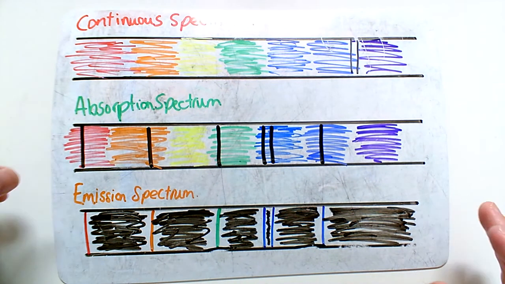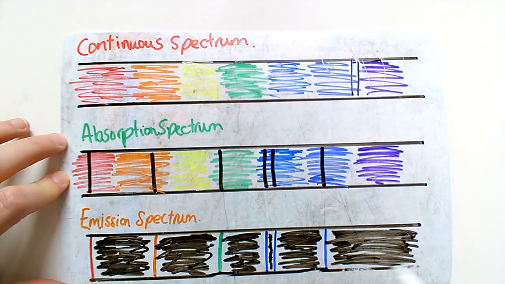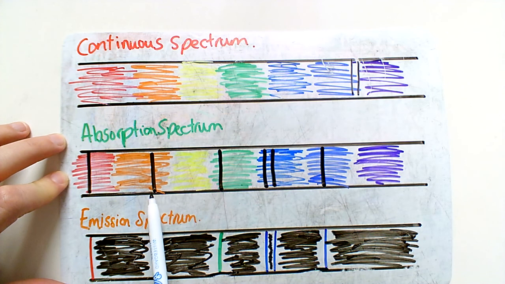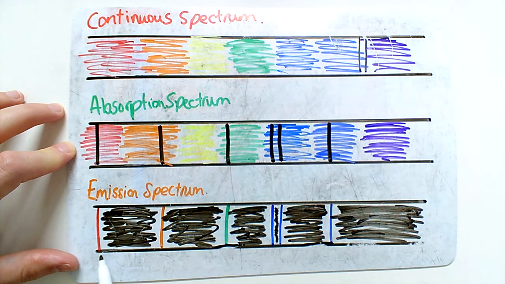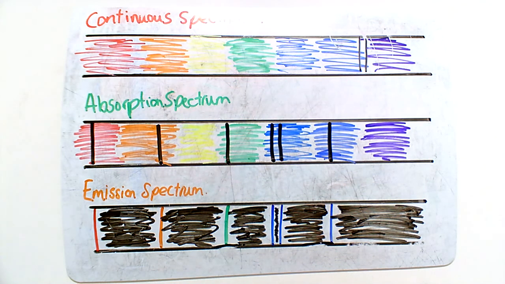If we are doing this in an experiment, you can either look at the absorption, so that is the light that is absorbed by the atom, or the light that is emitted. And absorption and emission spectra are opposites of one another. So where you see no light being absorbed in an absorption spectrum is where you will see light being emitted on the spectrum. And these bands can be used to identify particular atoms.